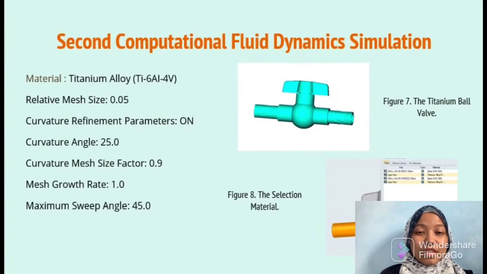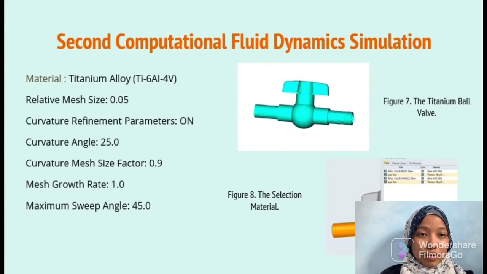I am going to present about the second computational fluid dynamic simulation. For this model, we have set the parameters as same as the first model before. For the material, we have used titanium alloy.